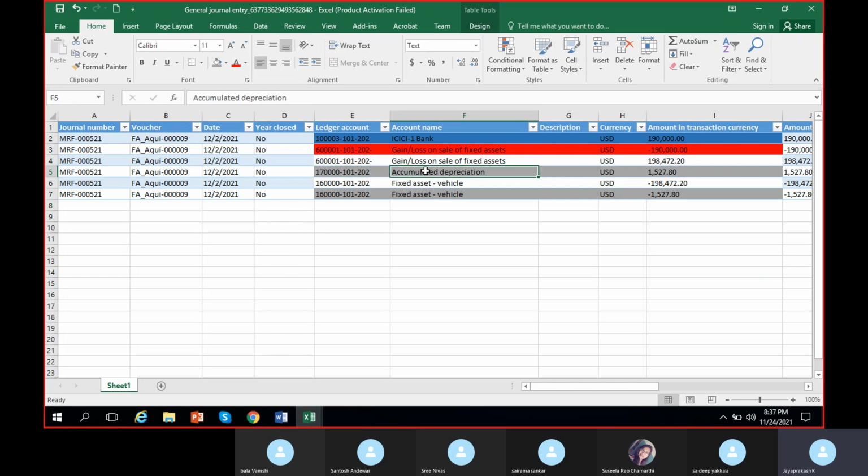Same account, but representing the reversing depreciation of previous year, this year and later years. So that will show multiple accounts here. But here, since we bought this asset in this year only and we don't have many transactions, the same accumulated depreciation is getting reversed and fixed asset vehicle is also getting reversed here. This is one. So these four are done now.